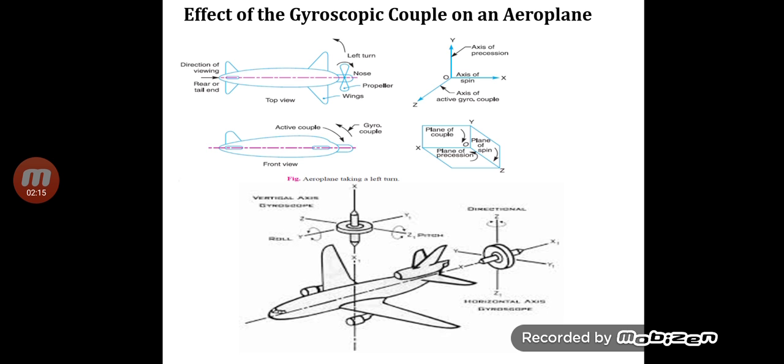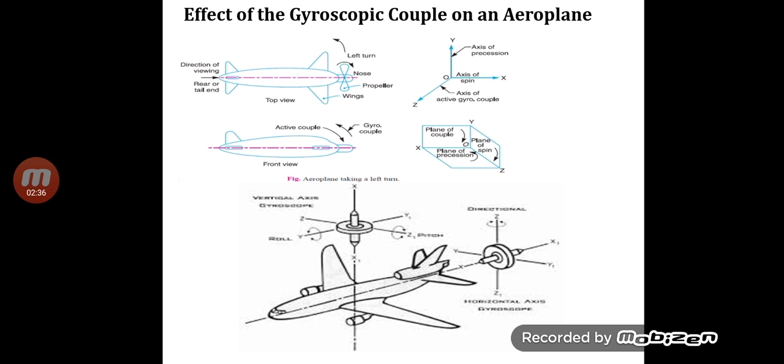That disc is rotating, and as the aeroplane is taking a turn, that axis is going to spin. Now the plane in which the disc is rotating and the plane in which that axis is going to rotate are mutually perpendicular to each other, as we can see here.